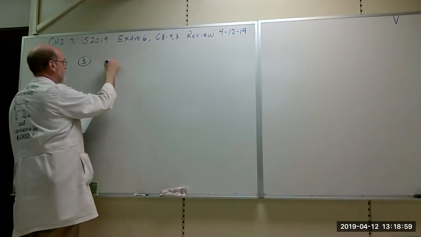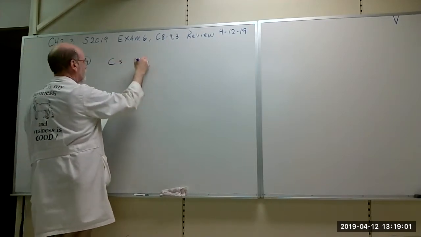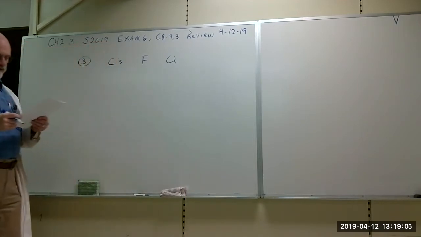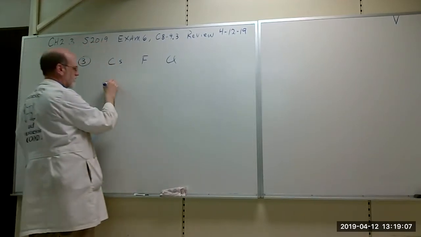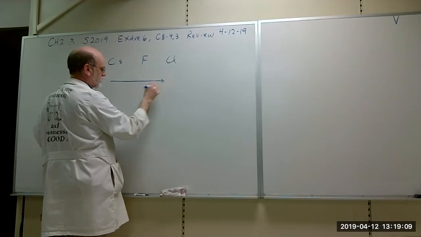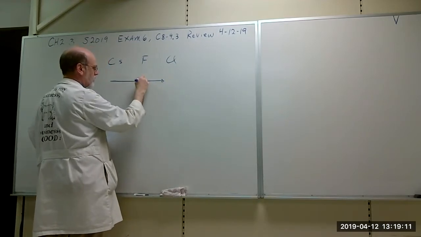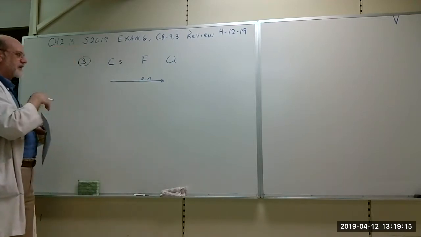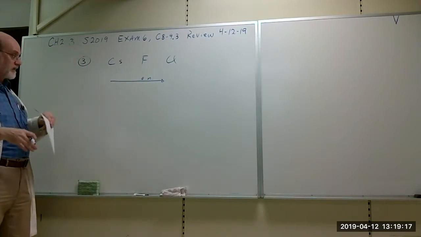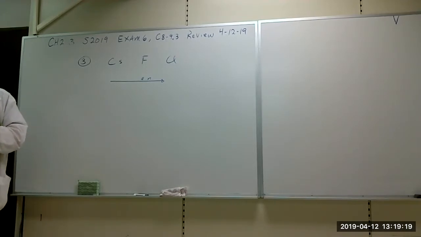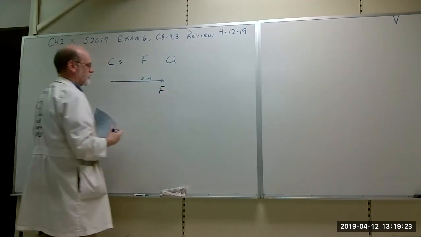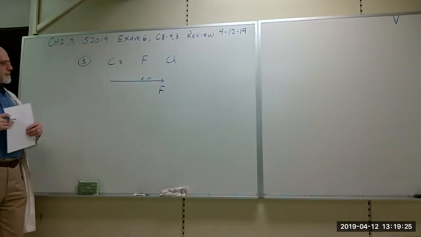We've got cesium, fluorine, and chlorine. And you want to put them in order of increasing electronegativity. So the electronegativity needs to increase from left to right. So which is the least electronegative and which is the greatest? Greatest is easy. Fluorine. How about chlorine?